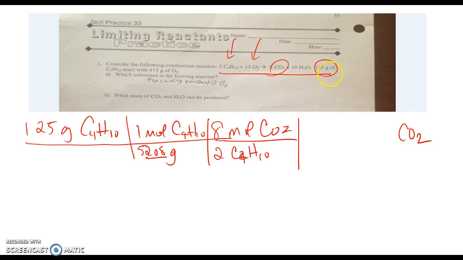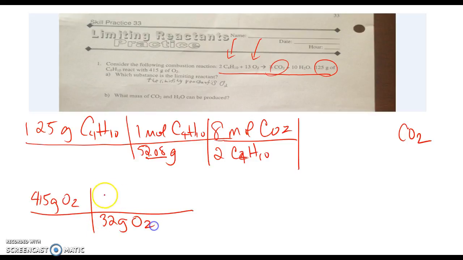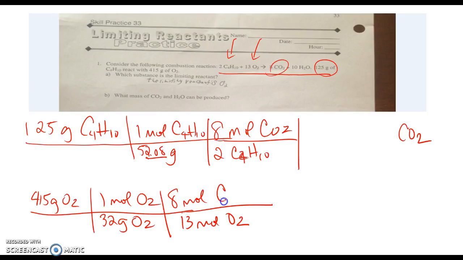So this is 58.14. Now, let's say I start with 415 grams of O2. I do know this is 32 grams of O2 in 1 mole of O2, and then 13 moles of O2 for every 8 moles of CO2. So I can go right to moles. I don't have to go to grams yet.